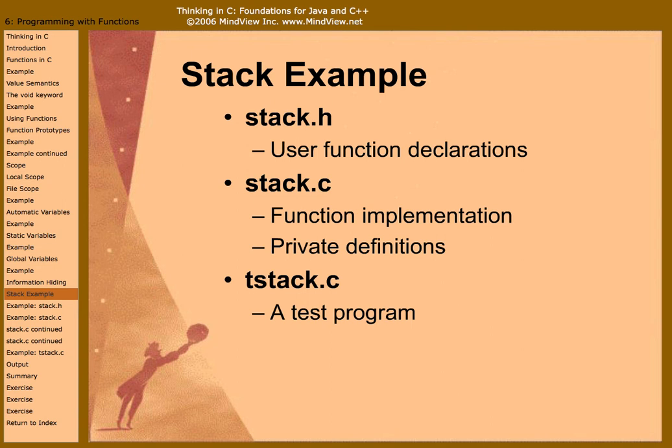Stack.c will have the bodies of the functions, and it will also have any of the data that I need to implement the stack, but I'm going to make it private so that you cannot access it directly. And then I'll have a test program, tstack.c, which will include stack.h and link with stack.c. But as you'll see, it's only going to call the functions that you have provided me, the interface. And the data is something I have no direct access to.